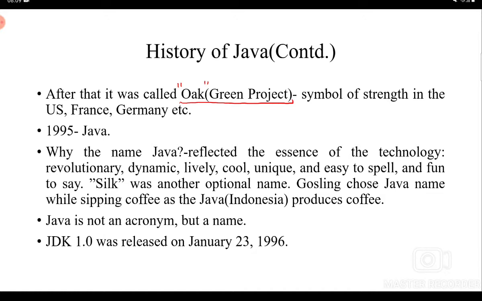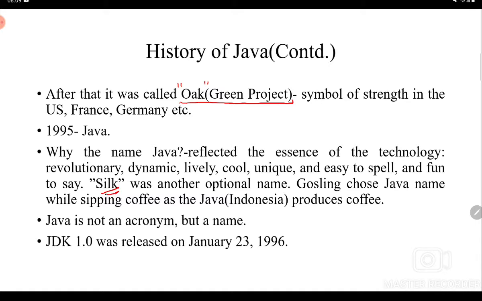So while he was sipping coffee in a nearby coffee house, he thought that he could name it Java, because Java is an island in Indonesia which is famous for production of coffee beans. And hence, while having coffee, Gosling came up with that idea that he can name the programming language as Java as well. Silk was another optional name.